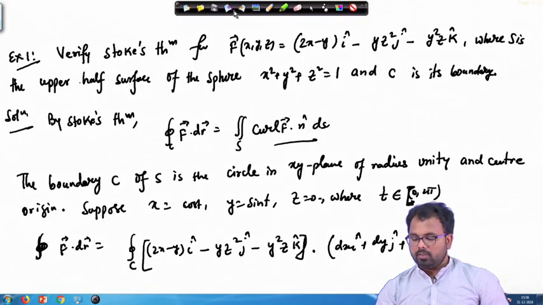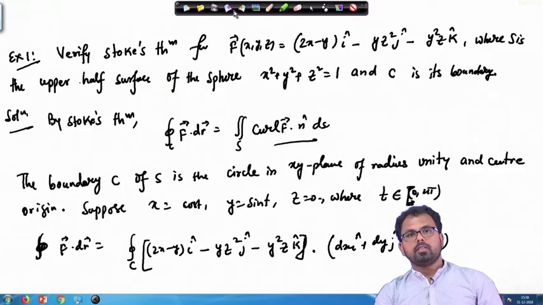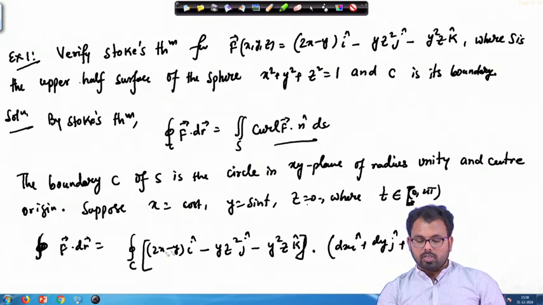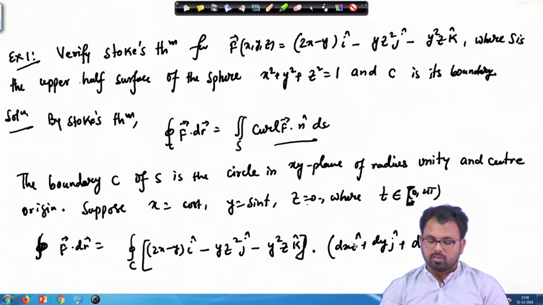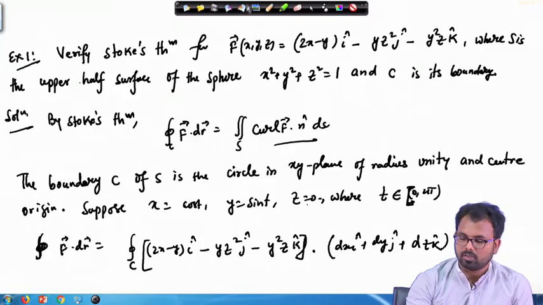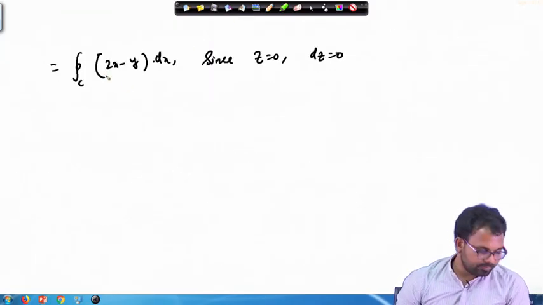On the curve C we have taken z as 0, so we substitute z equals 0 and dz equals 0 here. Ultimately we get (2x minus y) dx.